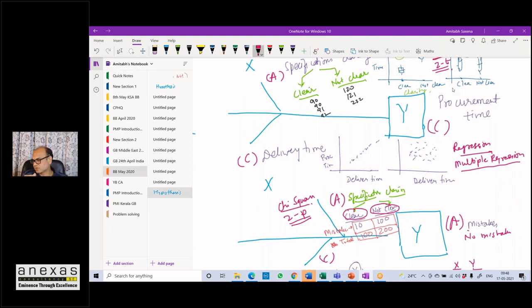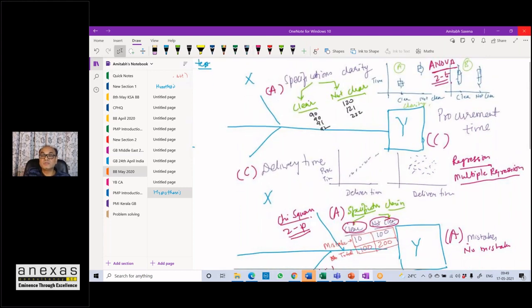But usually two proportion is also sometimes helpful when you're comparing before and after, whether the defects have reduced or not. So sometimes it gives you a good result if you take those before and after results. And later on, we'll also see that a 2T test has some more variants like paired T-tests. So we'll study that as well.